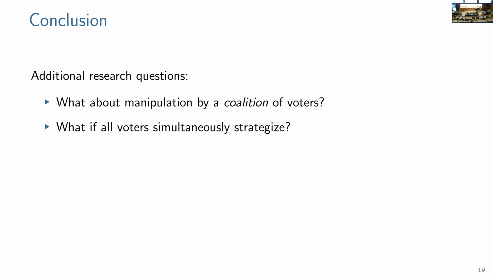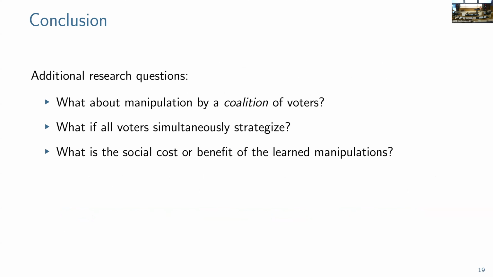But of course, what you want to do is learn in the context of other people possibly manipulating. And finally, I think this is a very interesting question: what actually is the social cost or benefit of allowing people to manipulate? For some voting methods, which are just horrible, like plurality, it might actually be better if people were allowed to manipulate or did manipulate. You might end up with an outcome that is actually better.